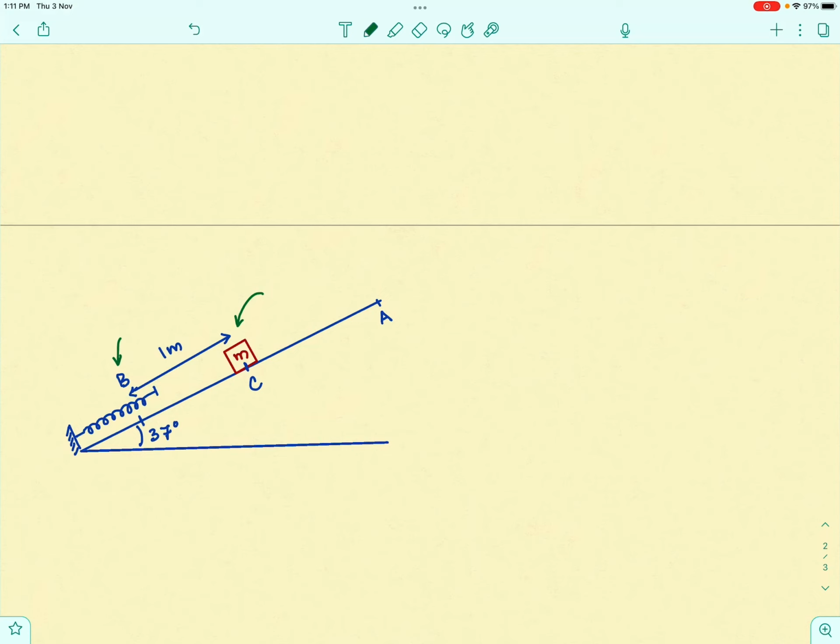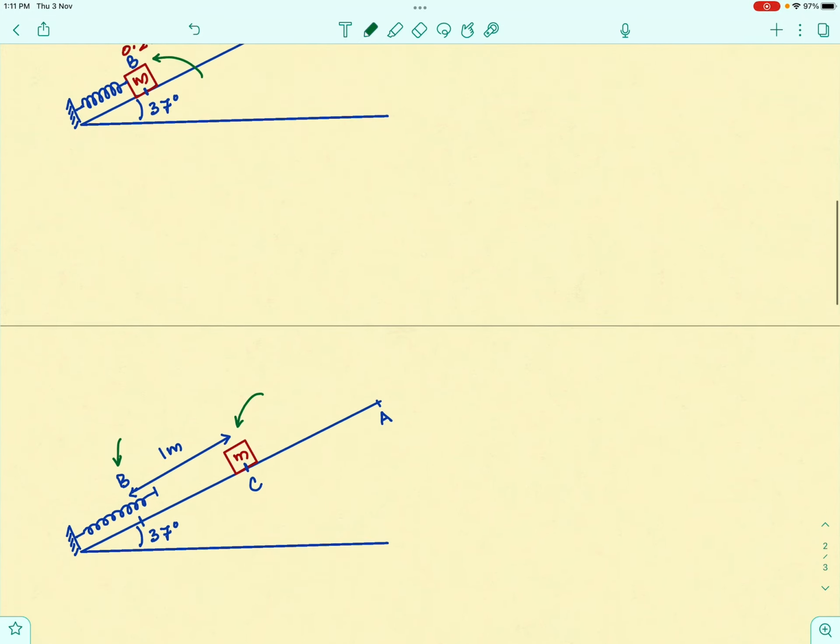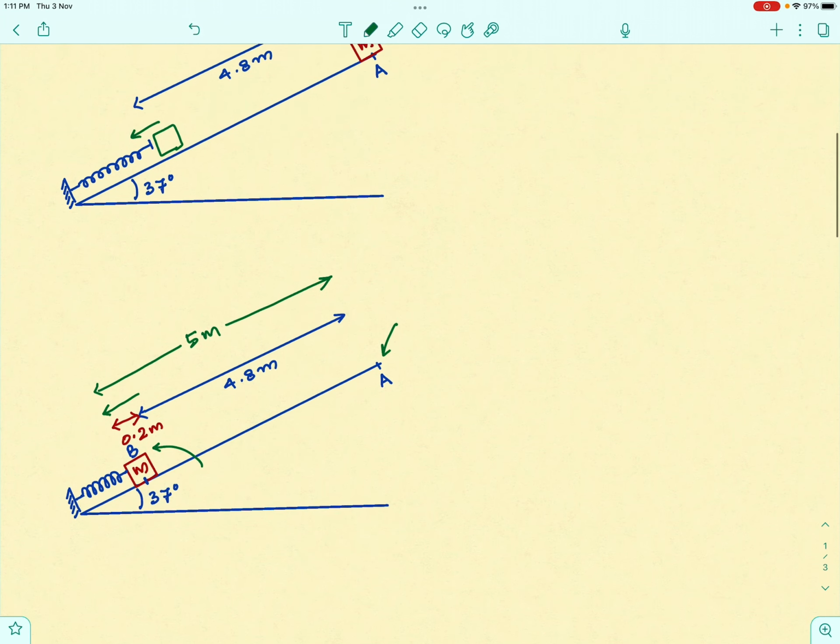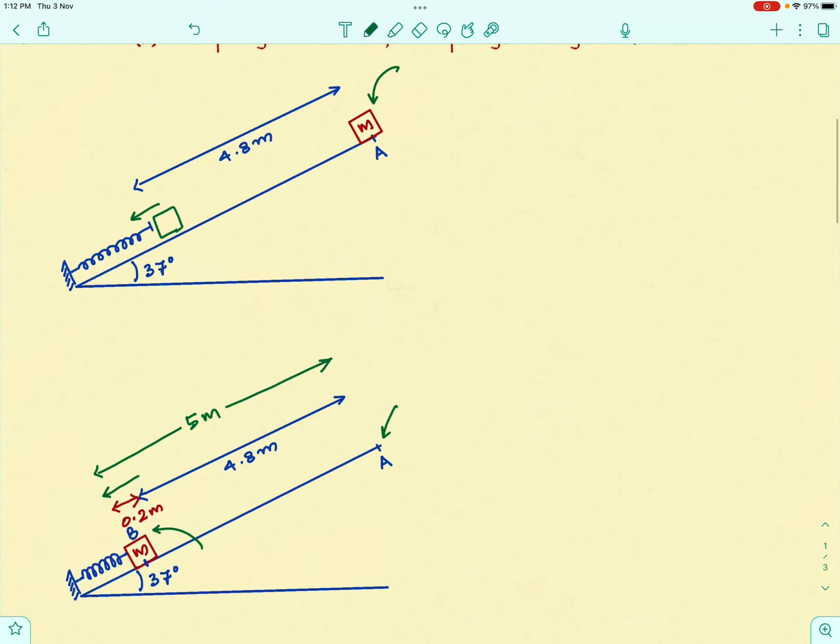So, in the upward motion, the block only moves a distance of 1 meter. This basically makes us understand that the surface of the incline is a rough surface. It is not a smooth surface, because had it been smooth, the block would have reached back to the point A after having rebounded from the spring, because the energy of the block would remain conserved.